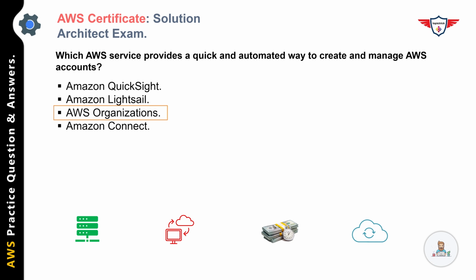It helps you centrally manage and govern your environments as you grow and scale your AWS resources. Using AWS Organizations, you can programmatically create new AWS accounts, allocate resources, group accounts to organize your workflows, and apply policies to accounts or groups for governance, and simplify billing by using a single payment method for all of your accounts.